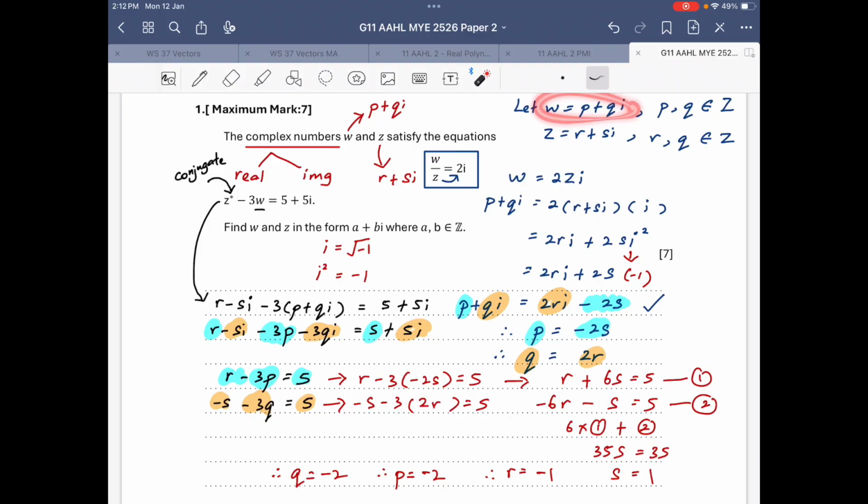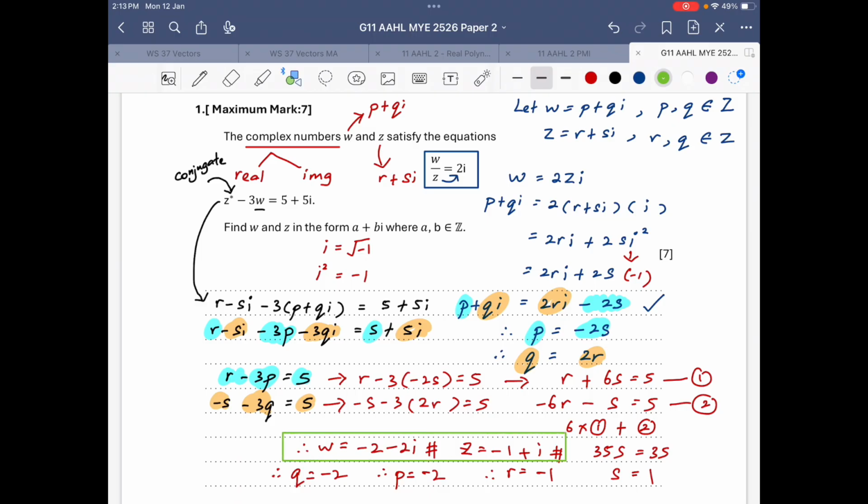W equals P plus Qi. So W equals negative 2 minus 2i. These are the answers for W. And for Z, it is minus 1 plus i. So these are the answers for W and also Z.